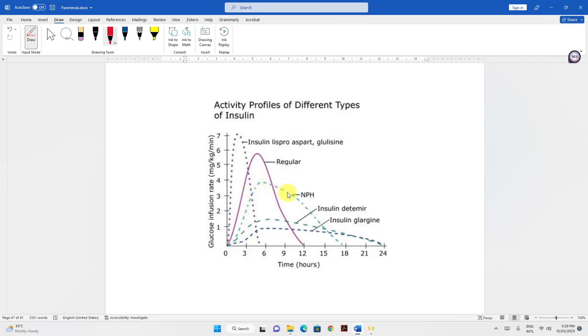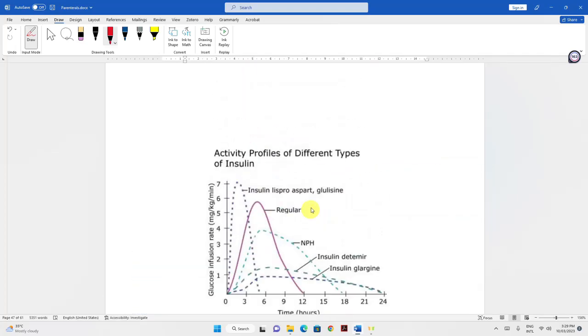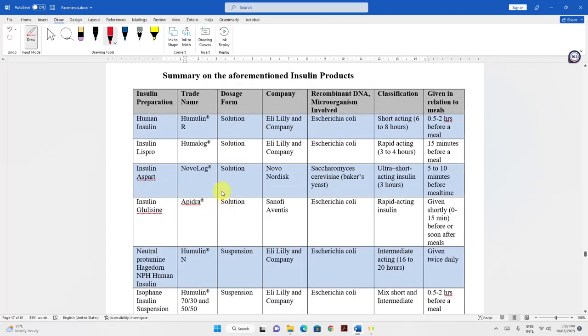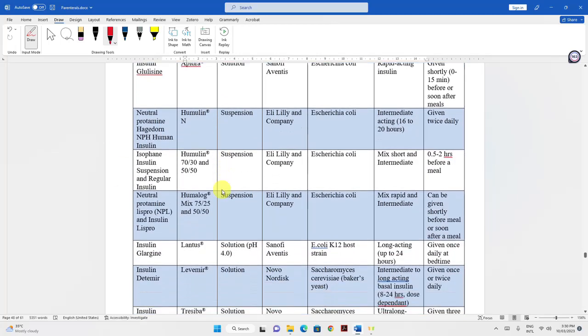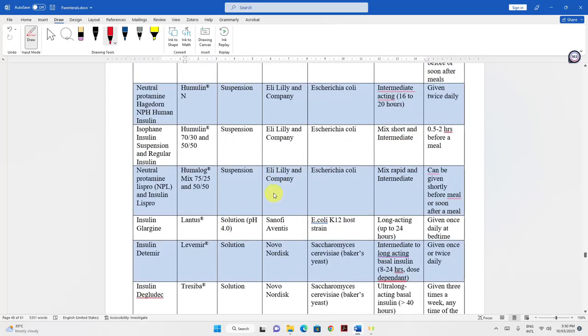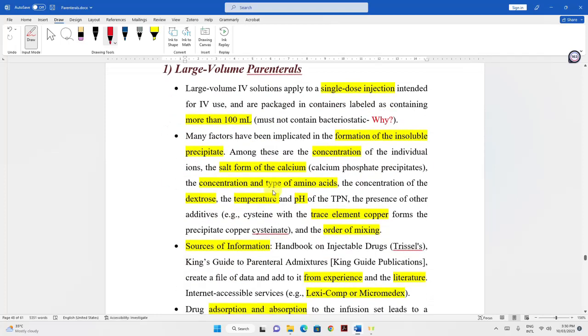For the intermediate, NPH, neutral protamine Hagedorn, it's the intermediate. And for the longer ones, insulin detemir and glargine. Okay, degludec is not in this graph. This table summarizes all that we discussed. So it's important that you look at it because it's the summary of everything that we discussed.